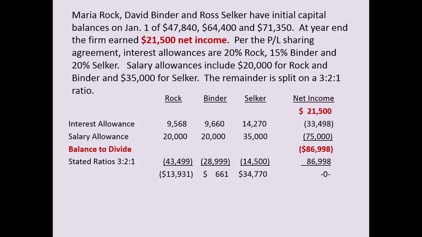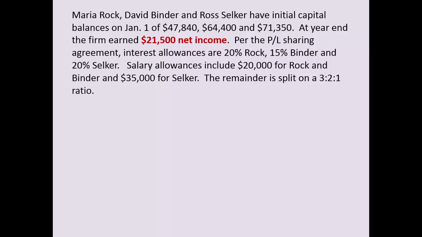And the capital balance is actually going to be decreased $13,931, even though there was a net income. So Rock actually, with a lower net income like this, with this type of profit and loss sharing agreement, Rock is going to be paying the partners out of her own capital balance.